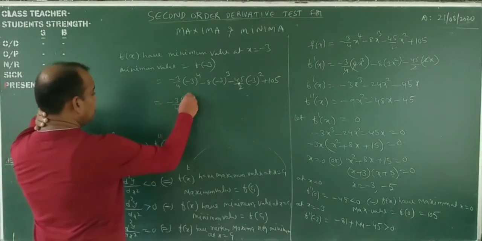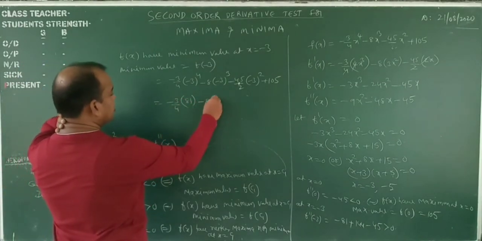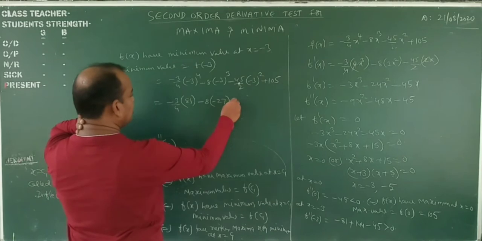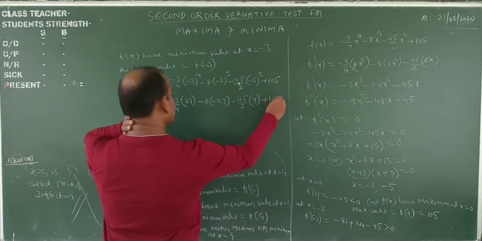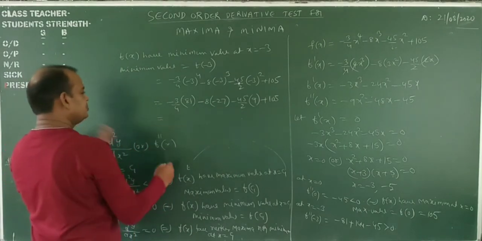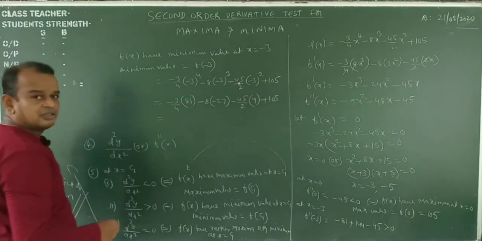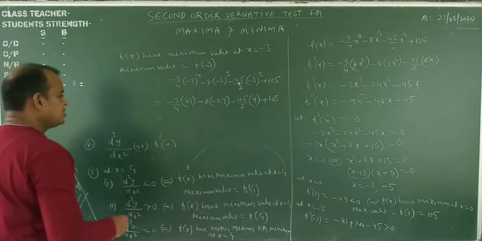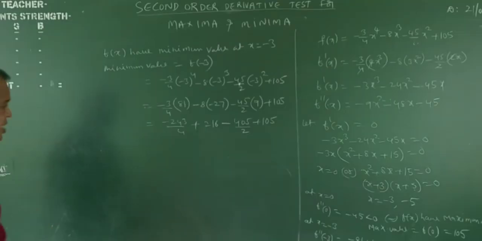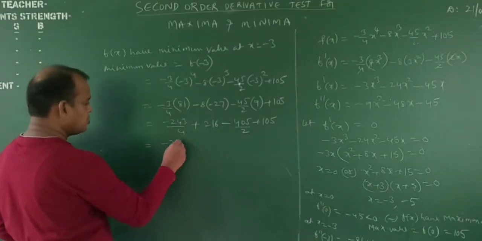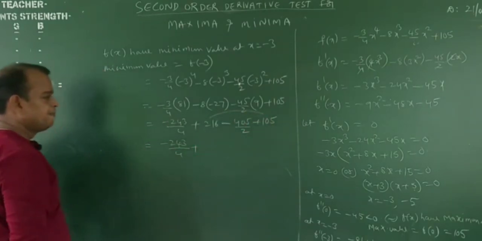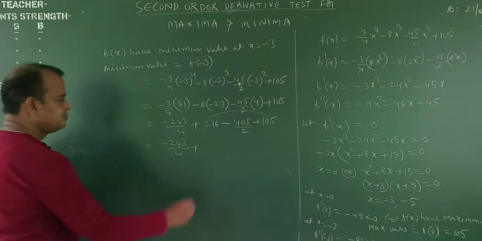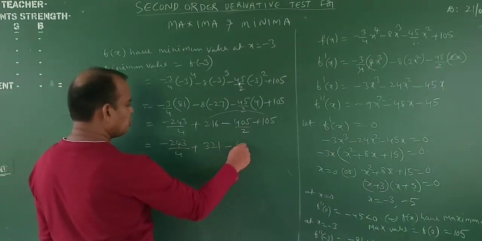Minus 8 into minus 27, minus 45 by 2 into 9 plus 105. Now minus 3 into 81. Here minus 243 by 4 plus 216 plus 105 is 321, minus 405 by 2.